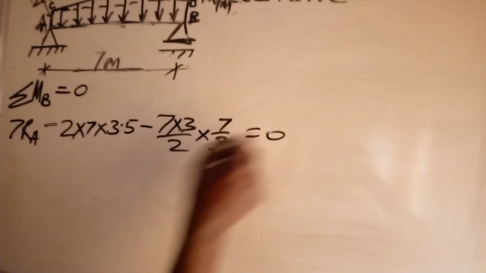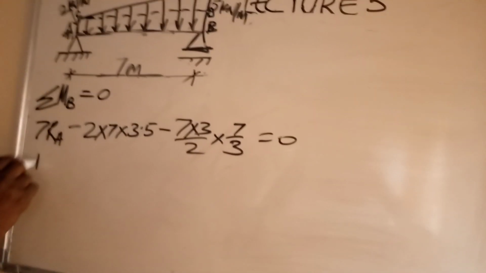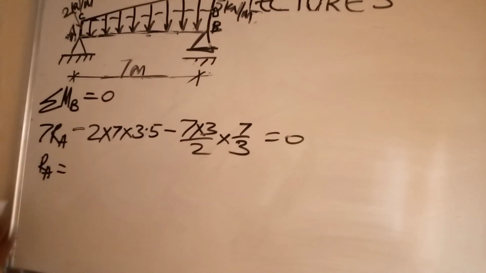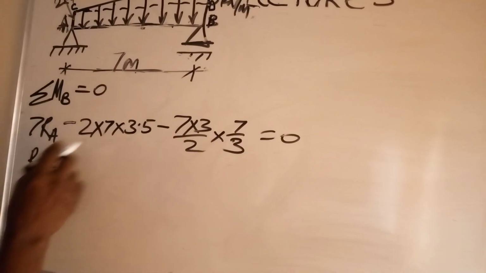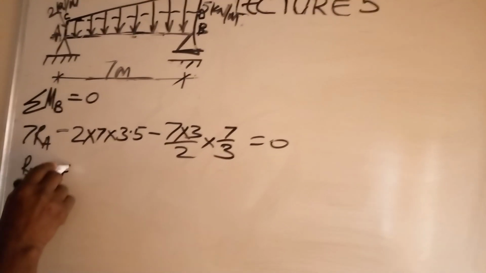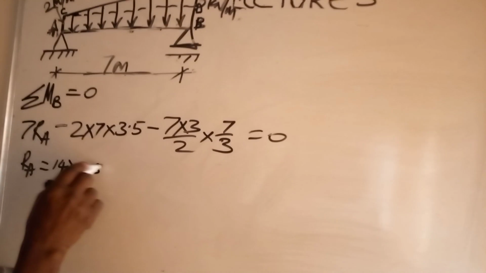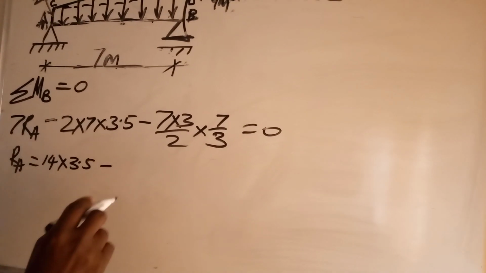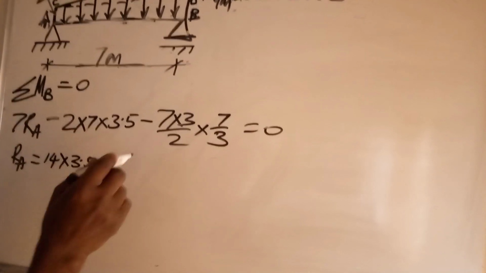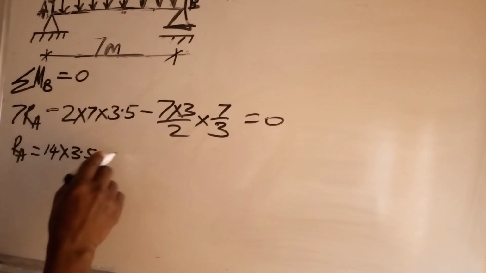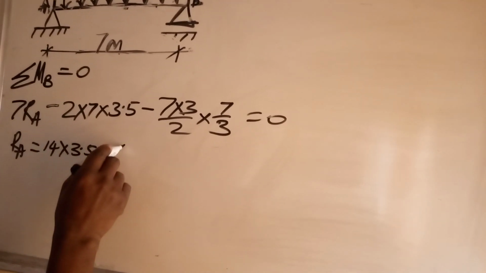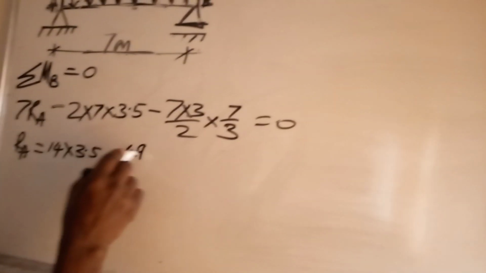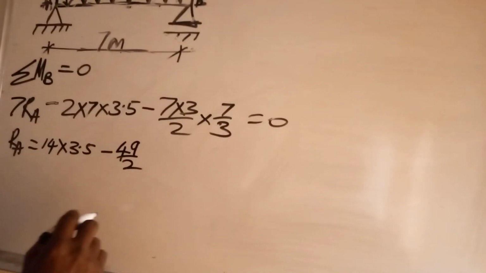Now that is equal to 0. RA is equal to 14 times 3.5 minus 7 times 7, 49, that's 49 over 2.